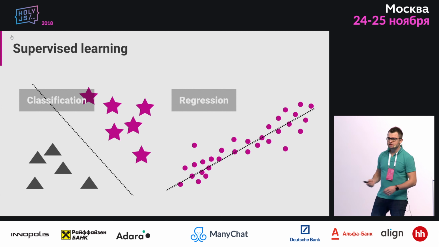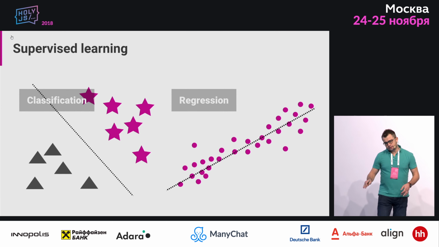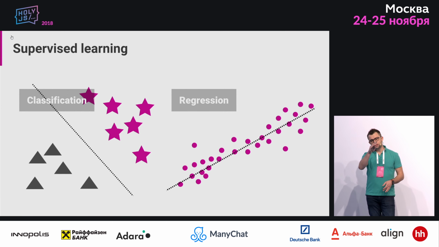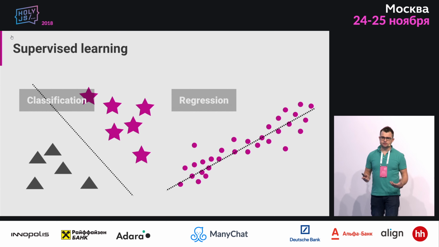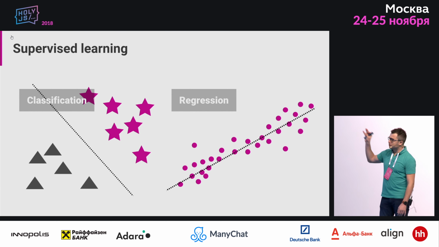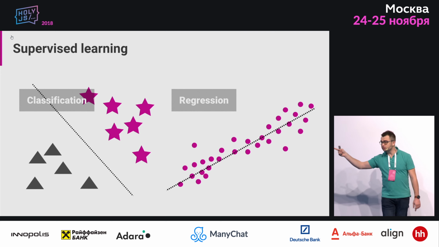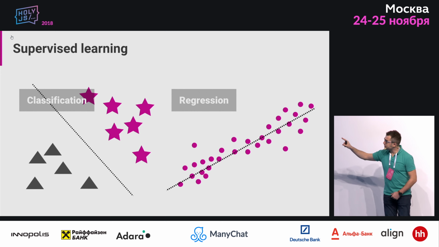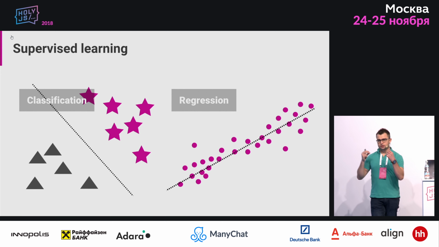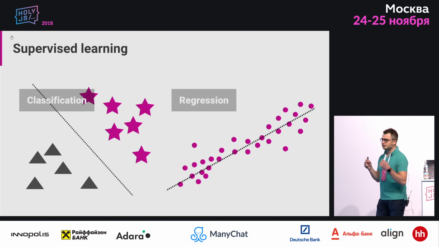In this case, this line shows us some kind of separation between those classes. If there is a new object that we don't know the class of, depending on which side of this line it falls on, we would classify it as either class star or class triangle. So this is the problem of classification.